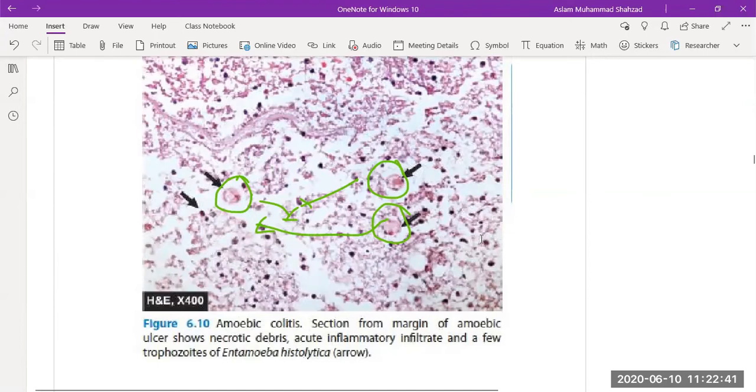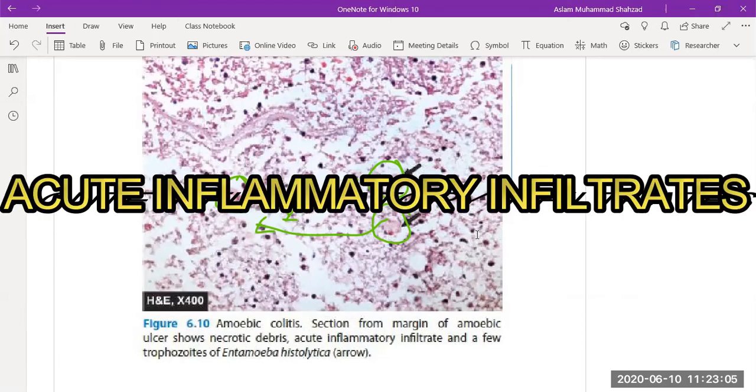The arrow is showing you the presence of Entamoeba histolytica. So these round structures show the presence of Entamoeba histolytica, and this picture explains amoebic colitis, which consists of amoebic ulcers, necrotic debris, and acute inflammatory infiltrates.